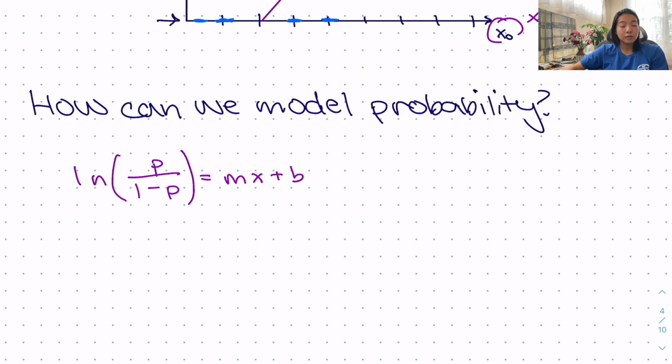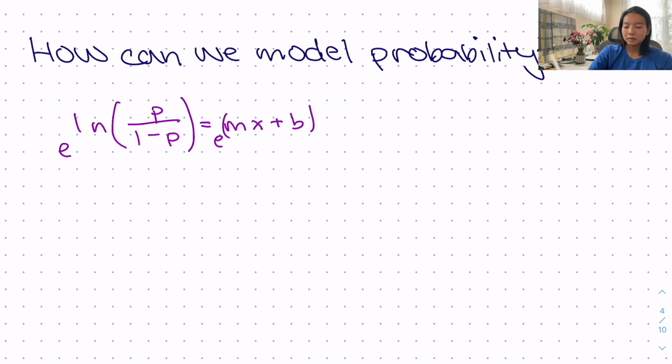Now, how do I solve for p, the probability? Well, the first thing I can do is remove the log by taking e to the power of whatever is on both sides. That gives me the probability over 1 minus the probability is equal to e to the mx plus b.